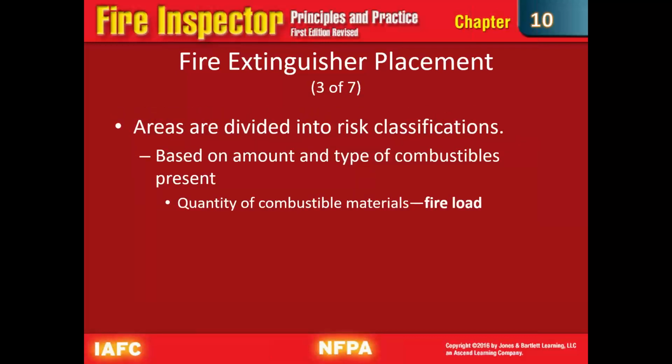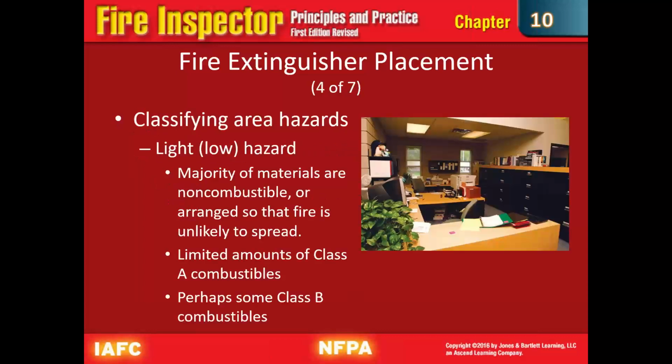All right, the areas for the fire extinguisher replacement are divided into risk classification based on the amount and type of combustibles present. We kind of talked about that a little bit earlier, and we mentioned the fire load and how it plays in. All right, it shows here a little office, low hazard. Most of the materials are non-combustible, or arranged to where if there is a fire, it's likely to stay small.